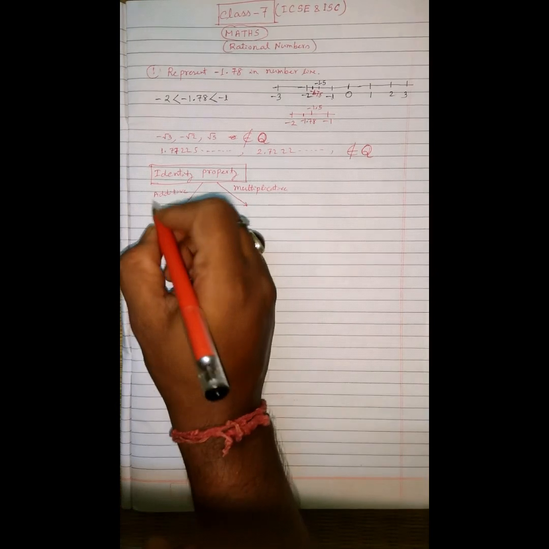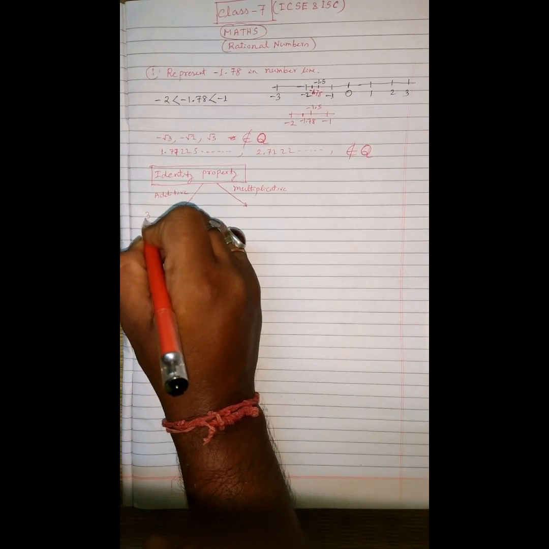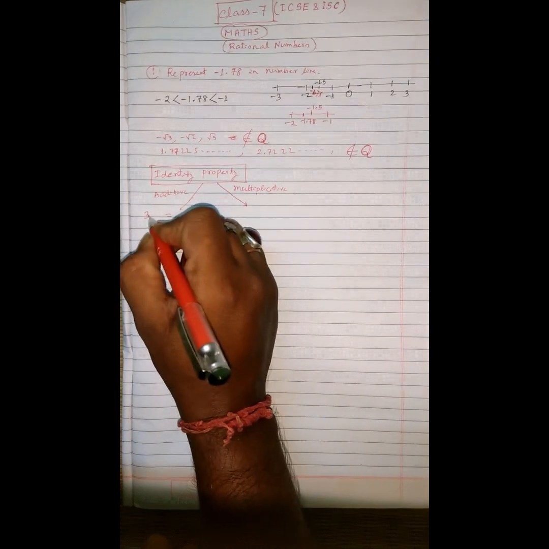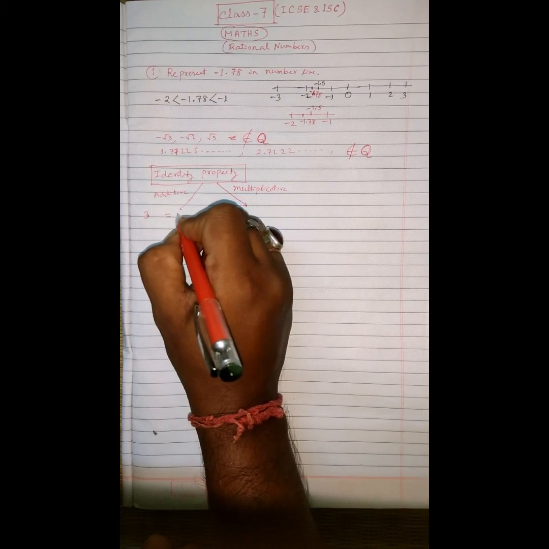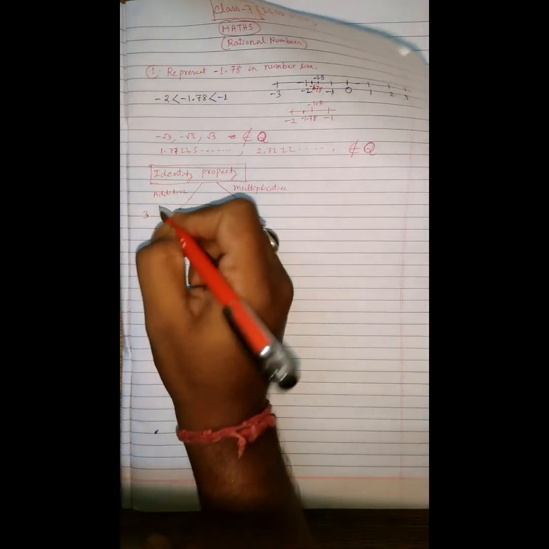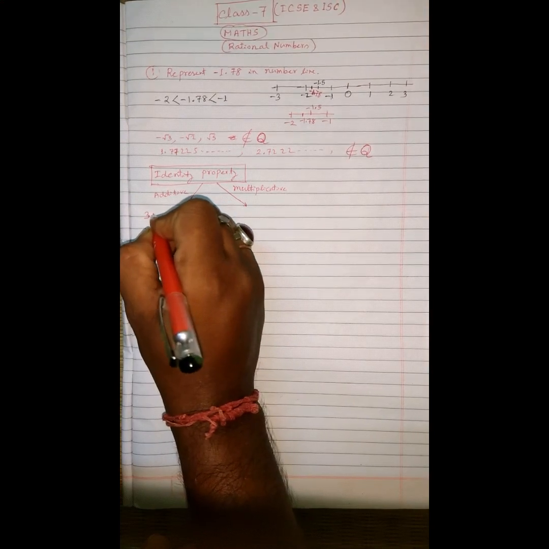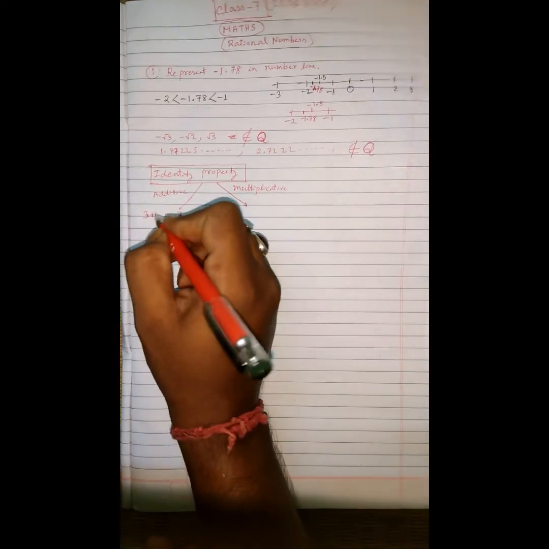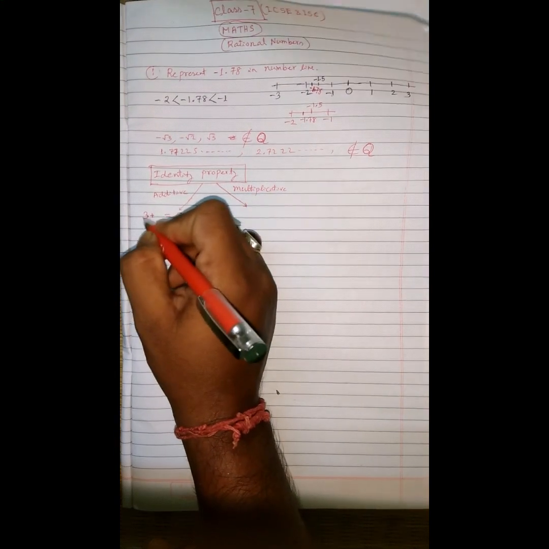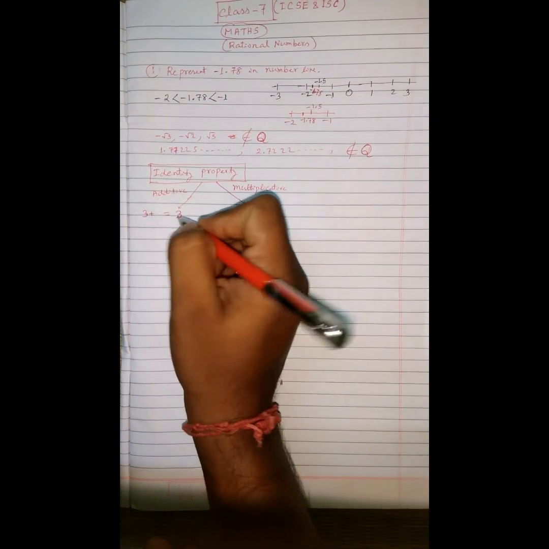For additive identity, if we take 3, what should we add with 3 so that we get the number 3 again?